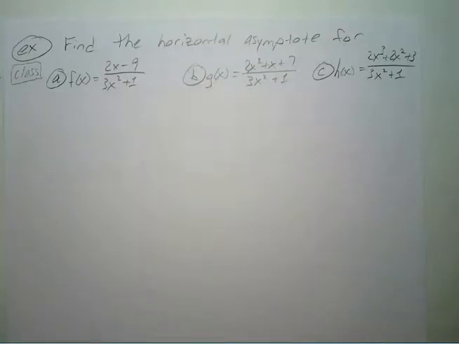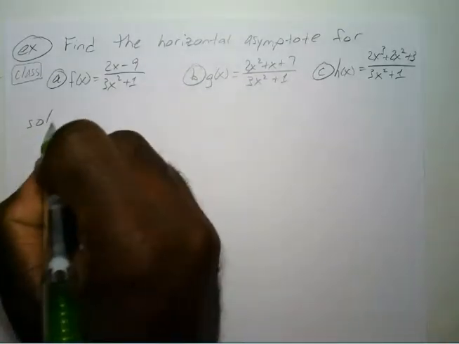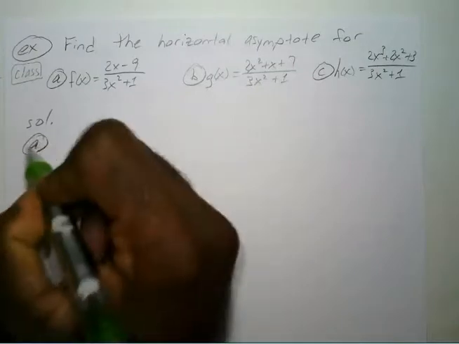Okay, so I want you to go ahead and press pause and solve this one on your own. All right, so I'm assuming you have pressed pause and worked this out. So let's go ahead and verify your answer.